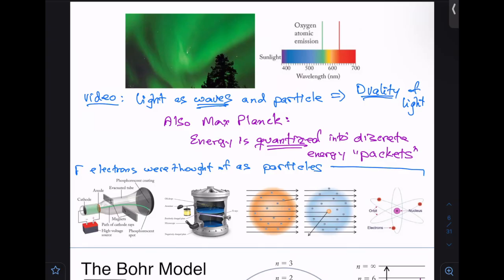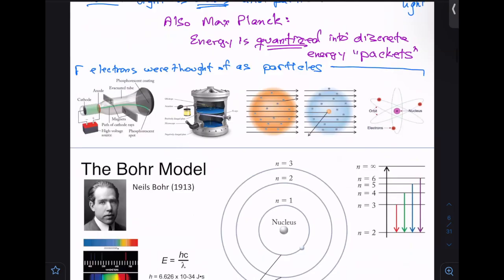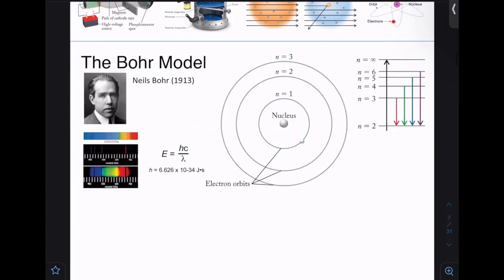And it really took all of these ideas merging together to come up with the next level of understanding. And in doing so, it's going to explain the mystery of these lines. Right? That came from Niels Bohr and the Bohr model of the atom.